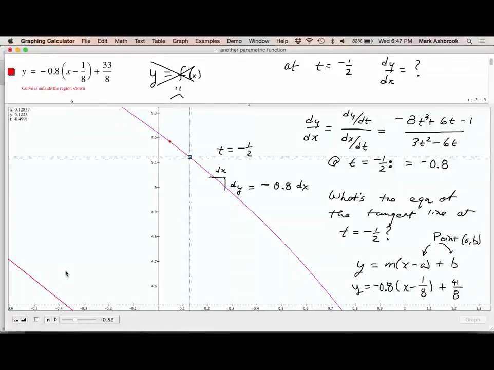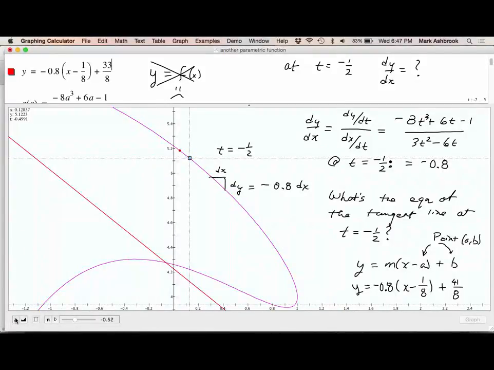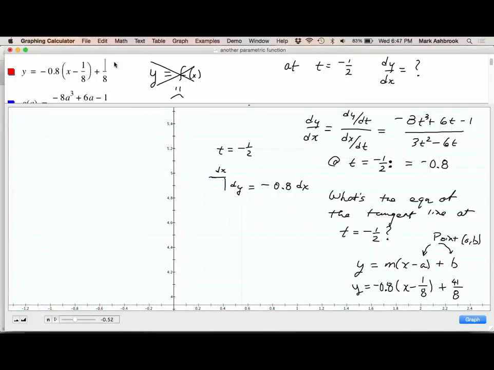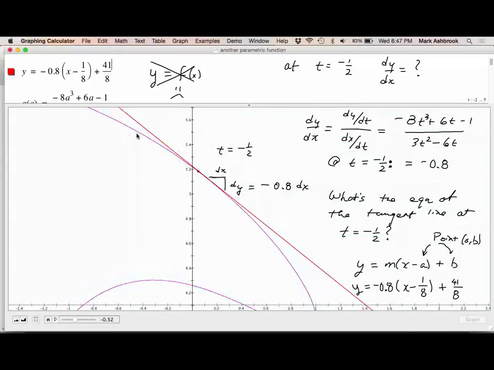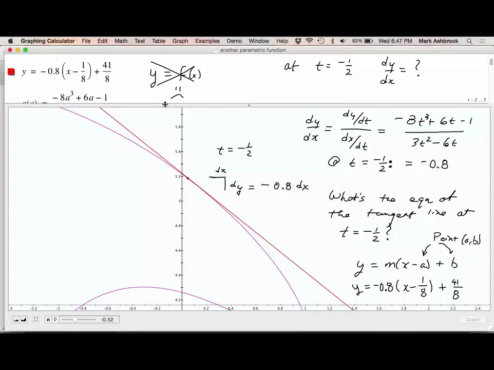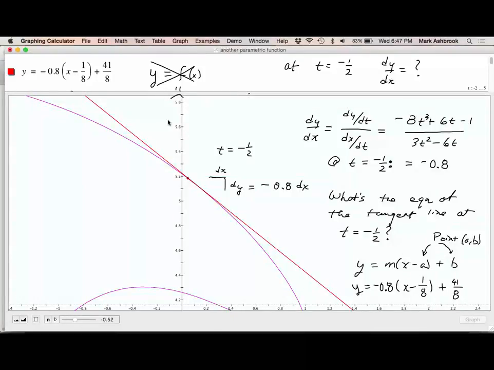No, it's not 33/8, I don't think. Definitely not. I think I would agree with 41/8, and I think what was happening is, as we were getting really close, it had to do with... yeah, maybe.